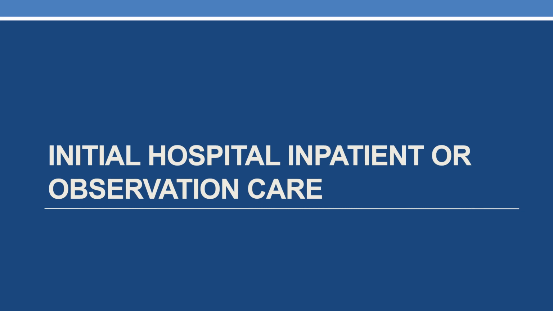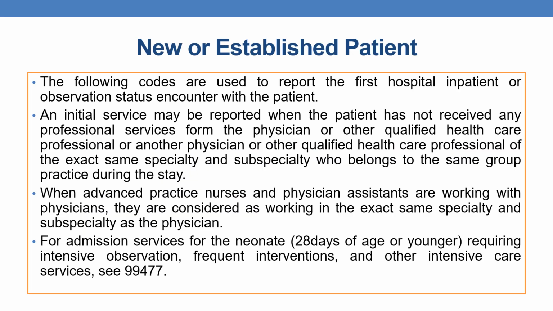Coming to hospital inpatient or observation care codes, new or established. Whether the patient is new or established, the following codes are used to report the first hospital inpatient or observation status encounter with the patient. There are no separate codes for new and established patients. Whether the patient is new or established, there is only one set of codes for initial hospital inpatient or observation care.